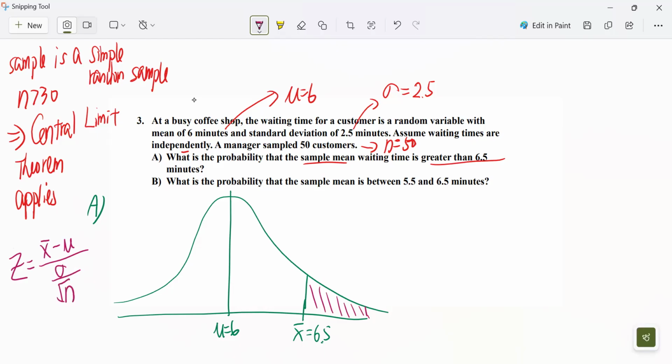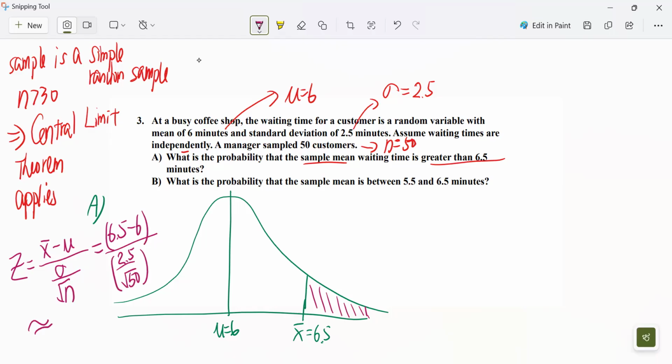We convert the sample mean to the z-score: 6.5 minus 6 over 2.5 divided by square root of 50. And then we find the z-score.